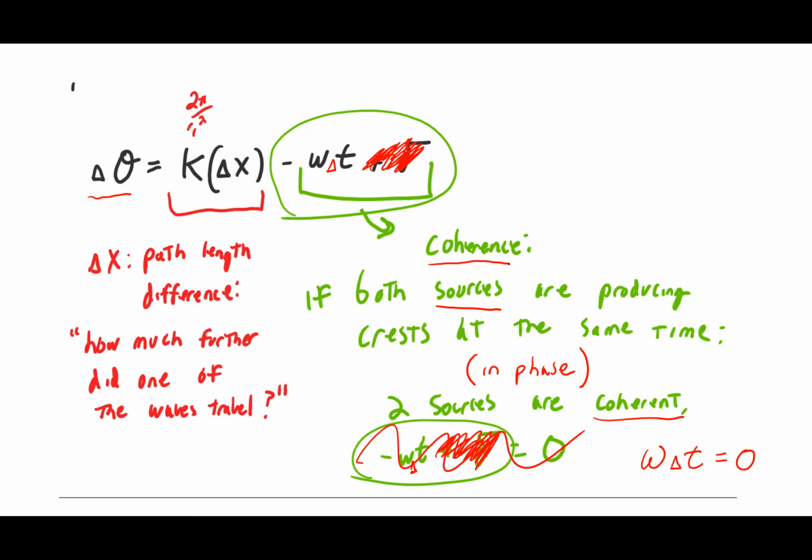So as a result, in that case, the only phase would be caused by the path difference. So I can use 2 pi over lambda times the path difference to find the phase if I'm in a coherent situation. If I'm not, then I might have a time delay that I would need to either specify or, for example, in the first practice problem where I know I'm the same distance away from each speaker, so I know that the path difference is 0.